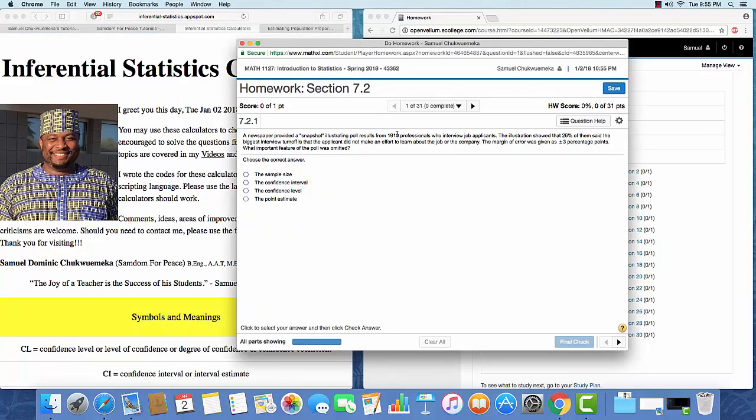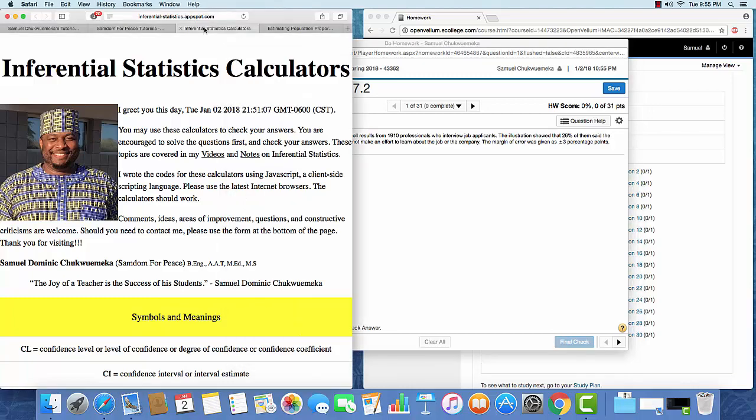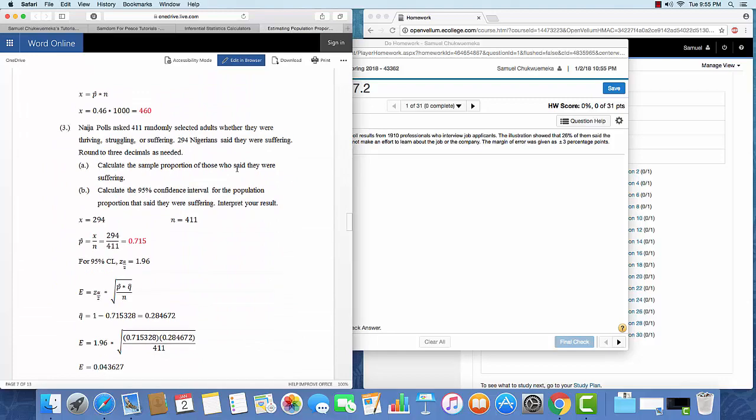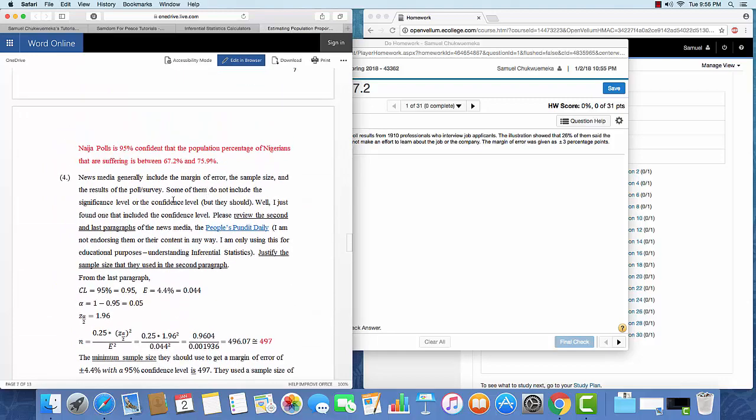So they included the sample size, the result of the poll, which you can refer to as the point estimate in this question, and the margin of error. Now, what they did not include was the confidence level. They omitted it. They omit confidence level or level of significance, but they should include it.